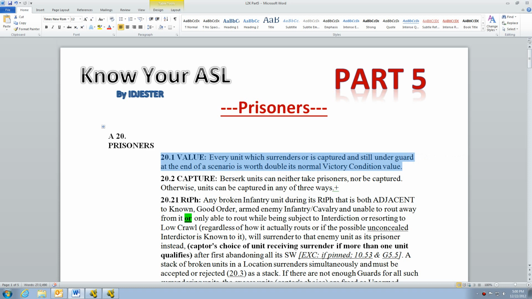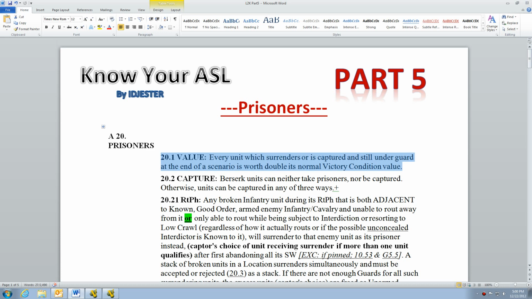Every unit which surrenders or is captured and still under guard, it should be noted, still under guard, so you can't just capture the prisoner and then let them go, and they don't count because they're not under guard, at the end of the scenario is worth double its normal victory condition value.